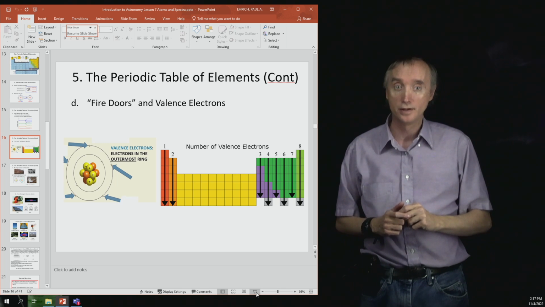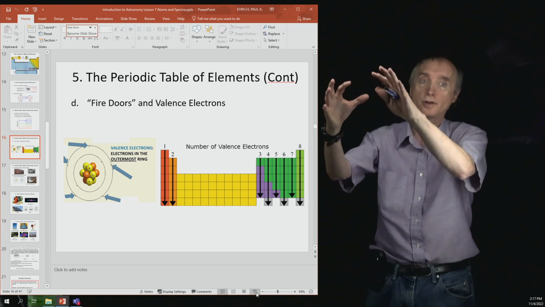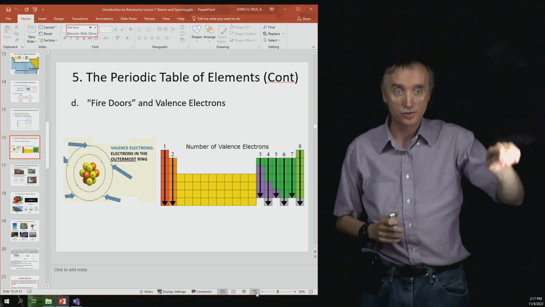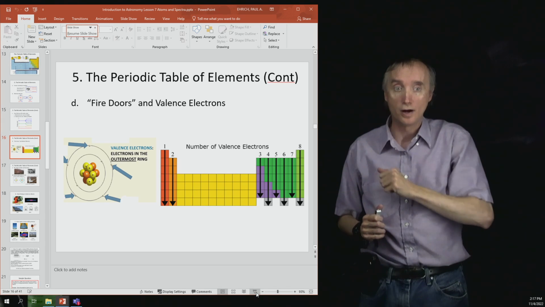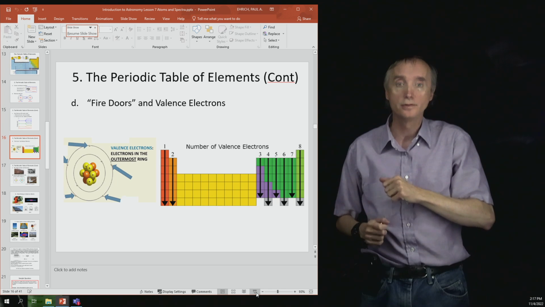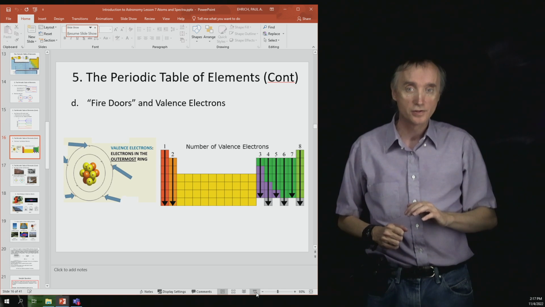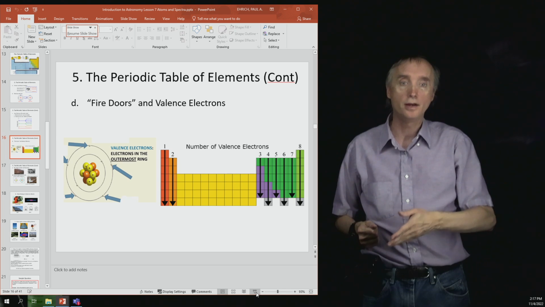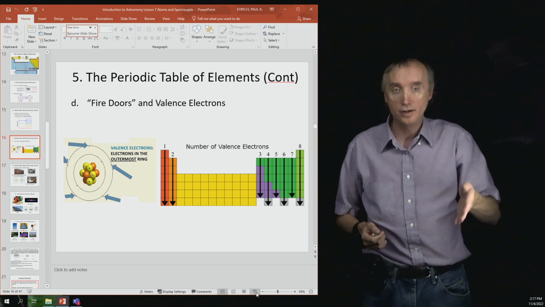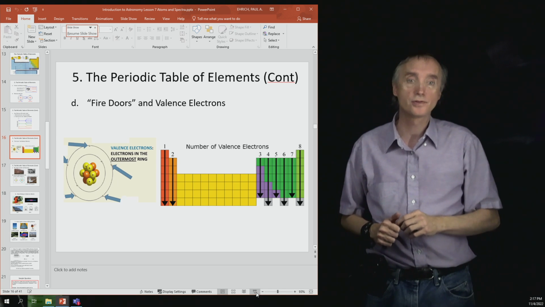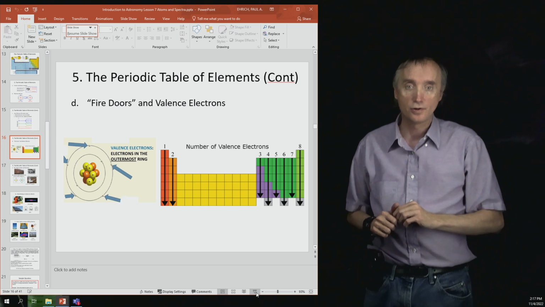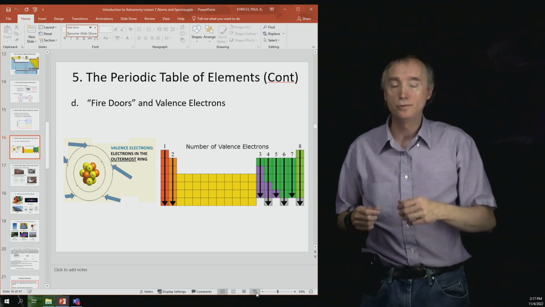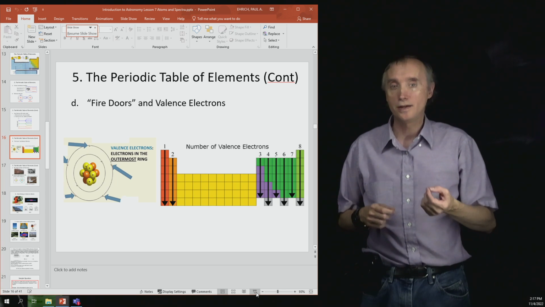On the other hand, if you have a balloon that has hydrogen in it and you strike the match, it's going to blow up. Ever heard of the Hindenburg? That's what we're talking about. So hydrogen is very, very reactive, but things in the 8th column are not so reactive.